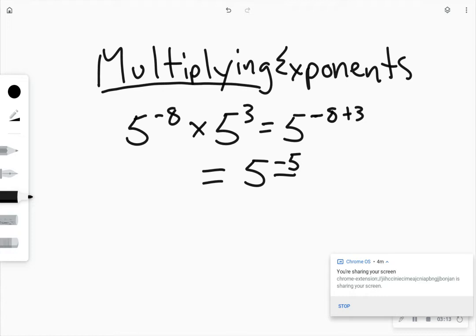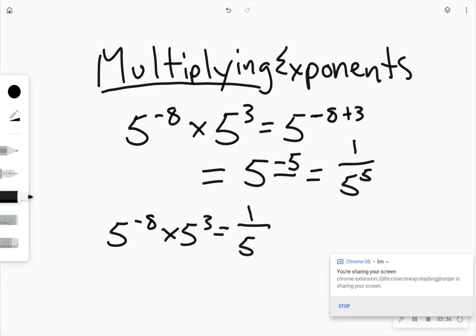Well, in order to take that negative exponent and make it positive, I can turn it into a fraction. So 5 to the negative 5 is the same as 1 over 5 to the fifth power. So in other words, 5 to the negative 8 times 5 to the third is 1 over 5 to the fifth power.